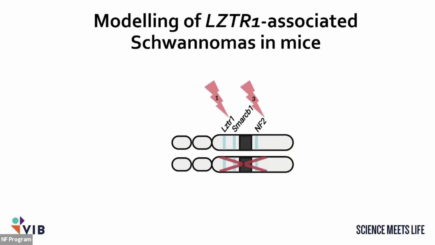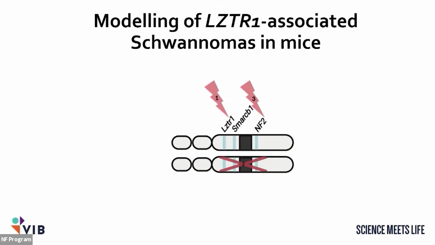And for this, I'm going back to the human genetic data, and just to say that LZTR1 mutation is not the only one observed in LZTR1-associated schwannoma. So basically, the first event is believed to be a germline mutation of LZTR1.